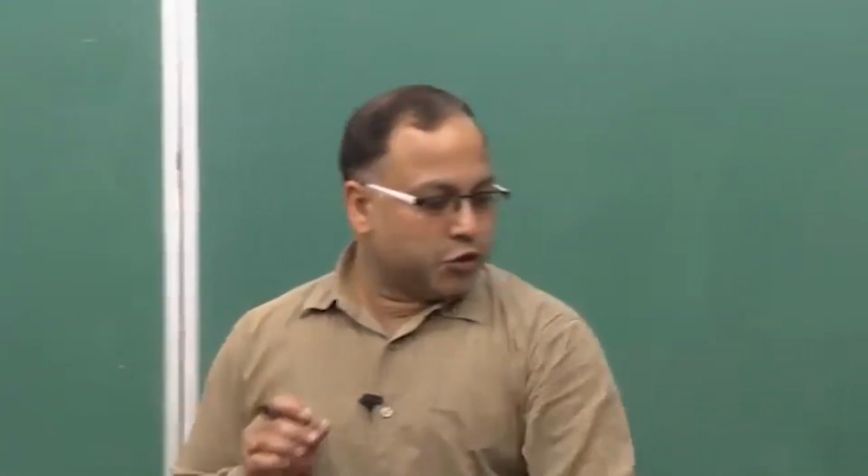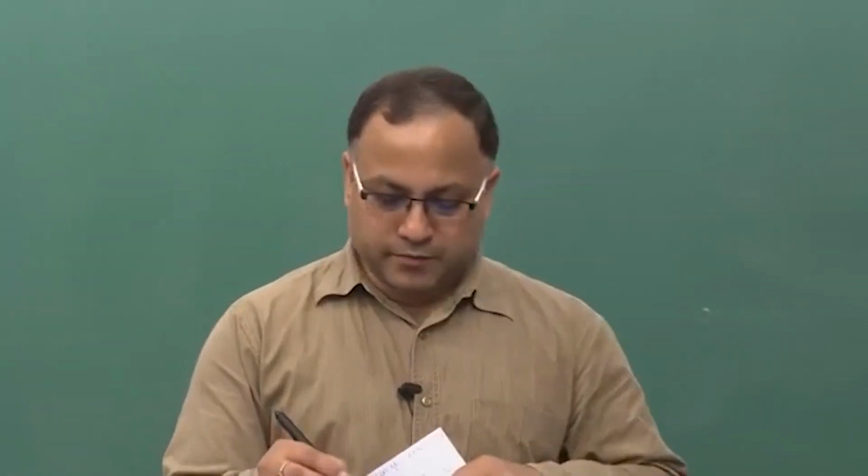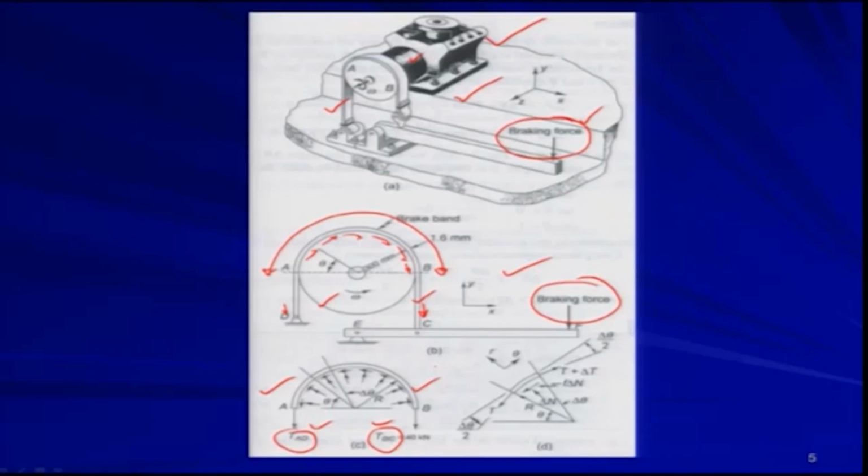Now I am considering a small element, and I am blowing it up here. This small element is taken at theta angle from the horizontal, and the angular element is delta theta, as shown here.